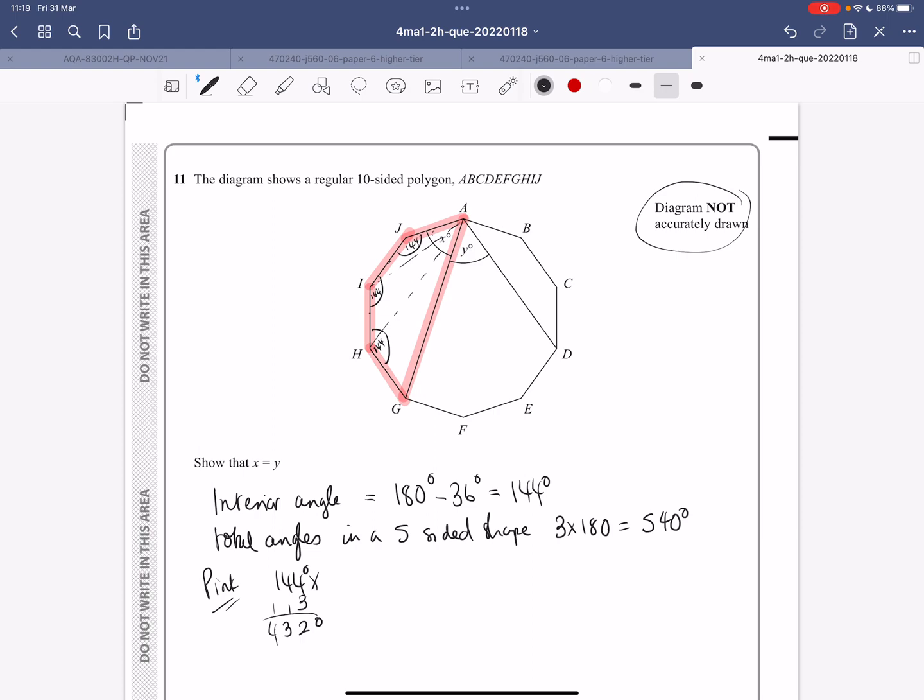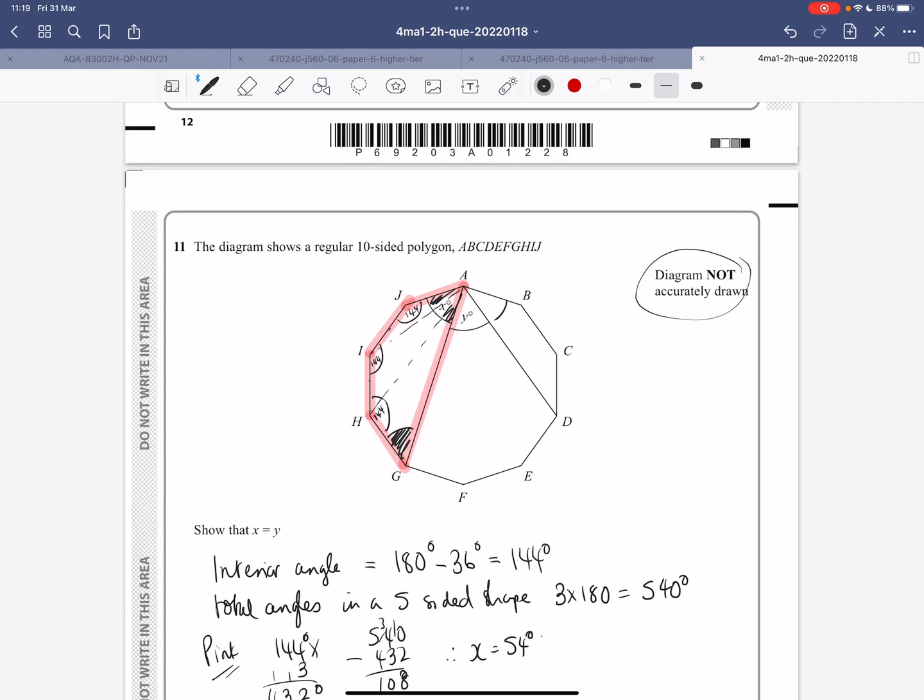So what's left for x and this one here, the dark shaded ones, are the difference. Now, because this is a regular polygon, these two will be the same. So x is going to be half of the difference between 540 and 432. So 540 minus 432 is 108. So therefore x is 54 degrees.